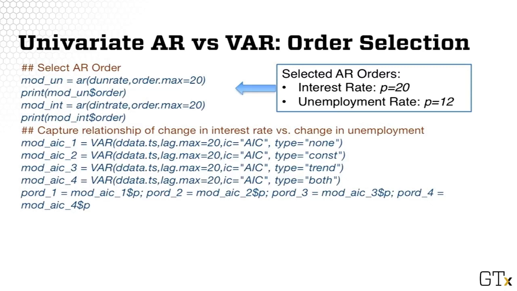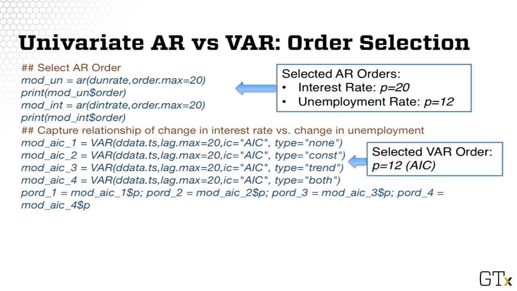Note that the VAR command also selects the order, hence the specification of the maximum lag to be considered. These are variations of implementation of the VAR R function with different types of deterministic trend along with the information criteria for model selection, here being AIC.